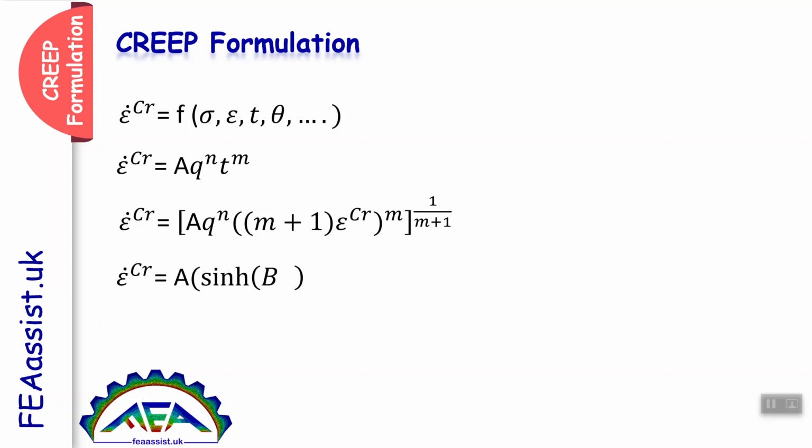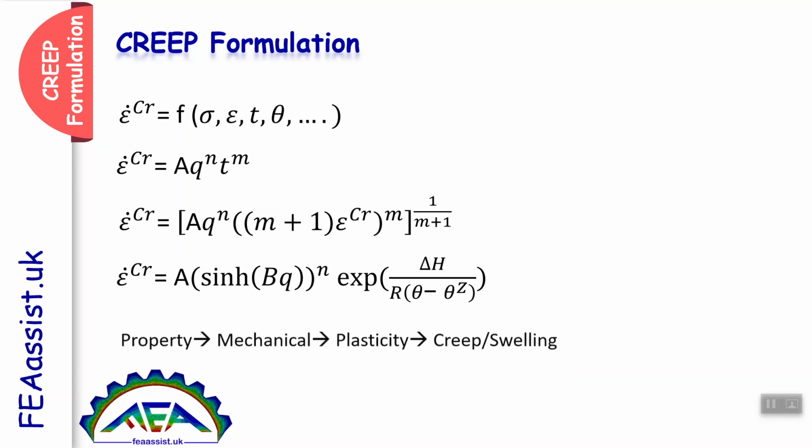Another form is the hyperbolic sine function, in which creep is a function of deviatoric stress, activation energy and temperature. You can go to Abaqus, go to Property, Mechanical section, Plasticity, and there you can see the Creep and Swelling option, and in that section you can enter all these parameters and predict the behavior.